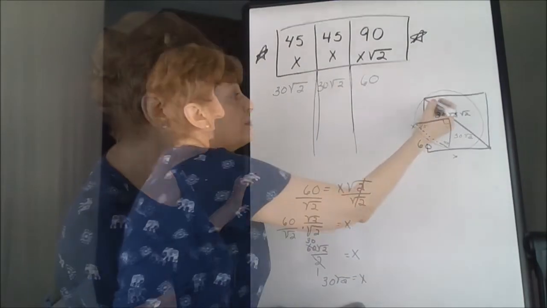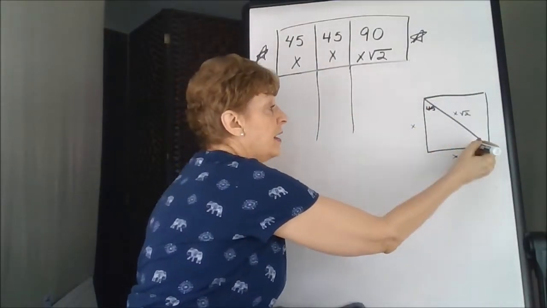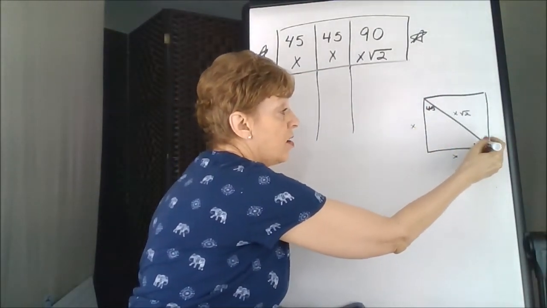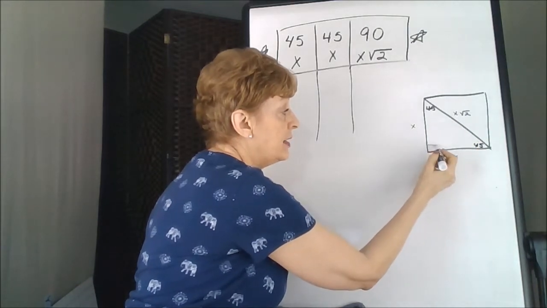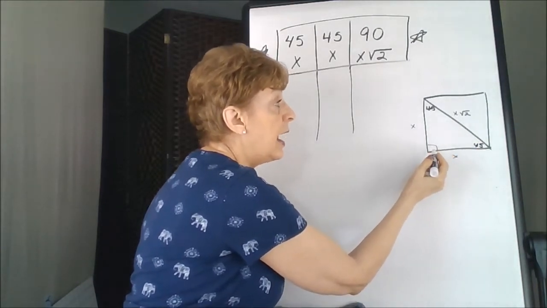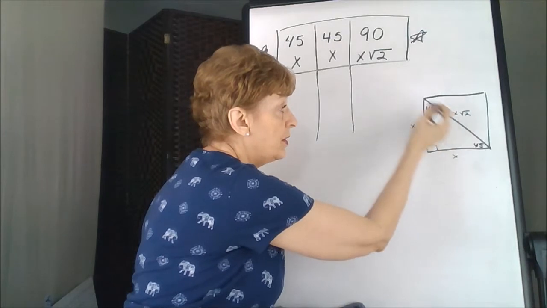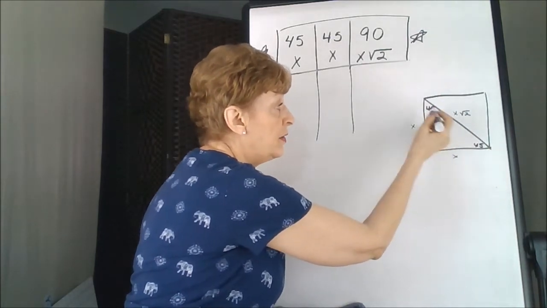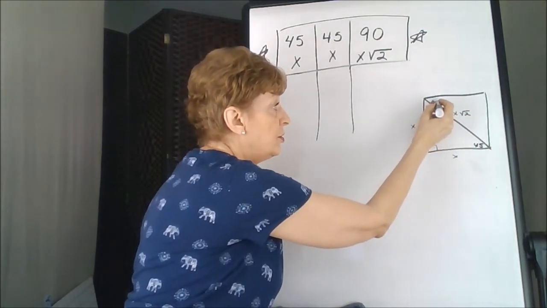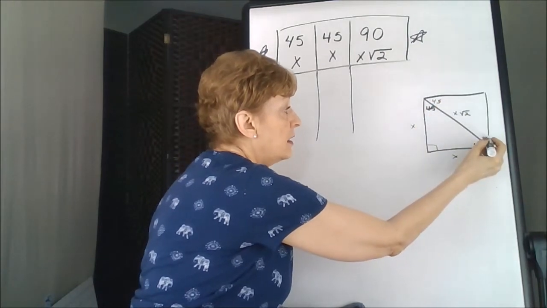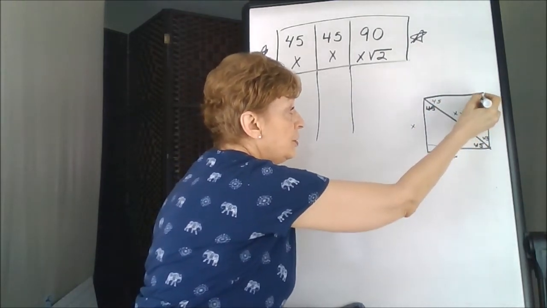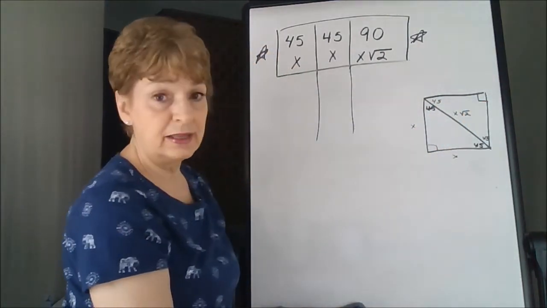And our triangle is complete. This creates a 45 and 45 because these are all 90 degree corners here. And when you bisect it with the diagonal, you've cut these into 2 45 degree angles. So we actually have 2 right triangles in this square.